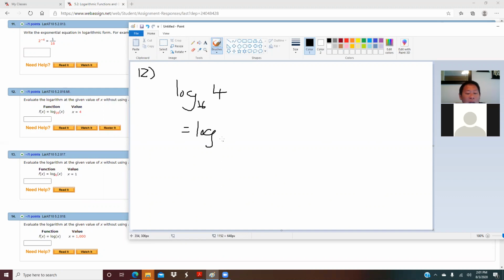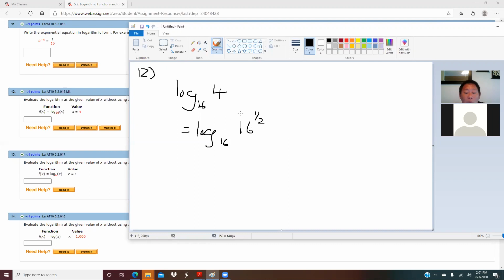Does anyone here know how to change 4 to become 16 or 16 become 4? Because we want them to become the same base here. Anyone? Yes, 4 squared will give us 16. But I want 16 now, so I want the other way around. So in this case, this will be 1/2.